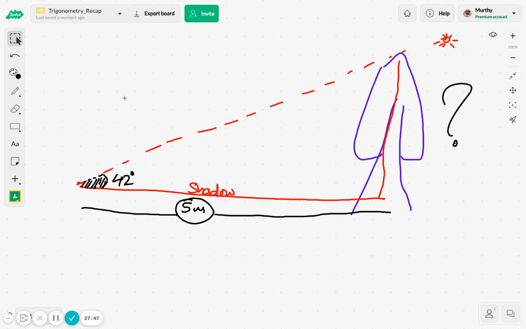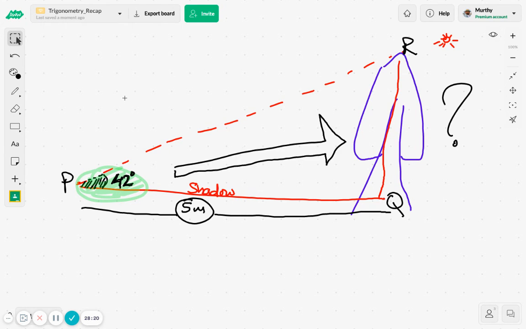Of course, I did not label this one, so 42 degrees is the reference angle. Let me label it as P, Q, and R. Angle P is given as 42 degrees, and I don't know the height of the tree, which is the opposite side.